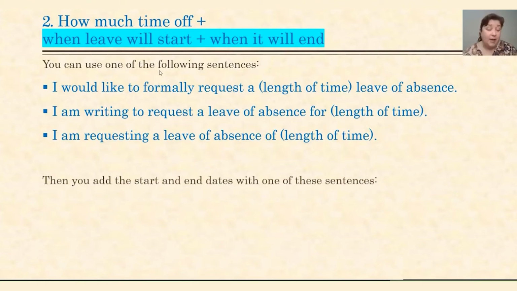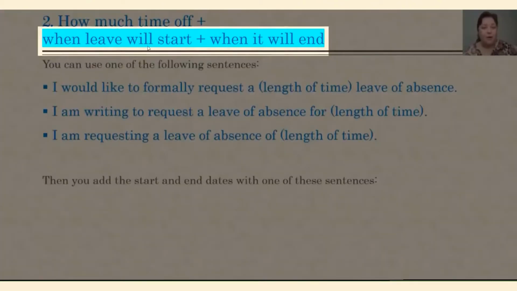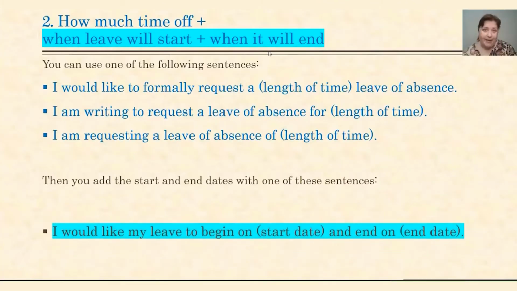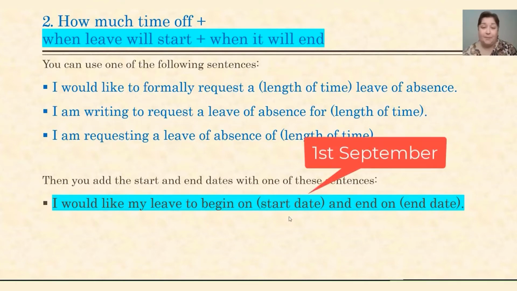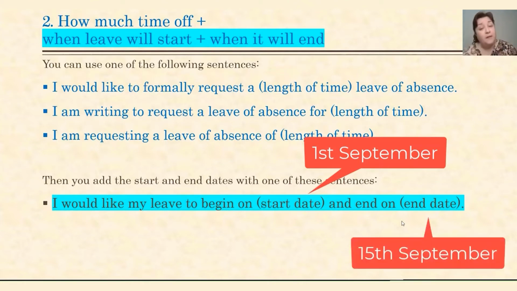Now we have to tell our boss when our leave will start and when it will end. This is where we have to give start and end dates. I would like my leave to begin on, you have to give the start date, for example, 1st of September, and end on, you have to give the specific date when your leave will end, for example, 15th of September.